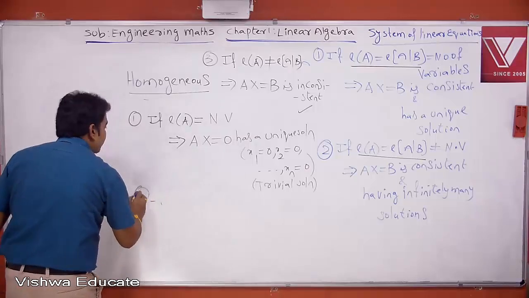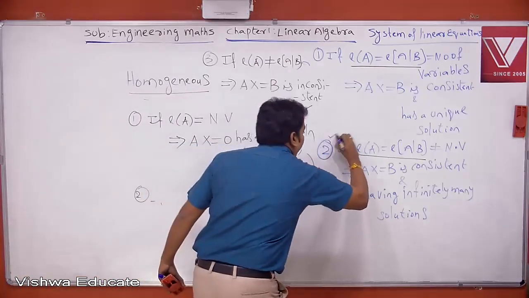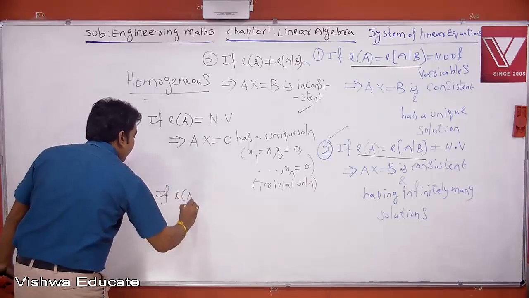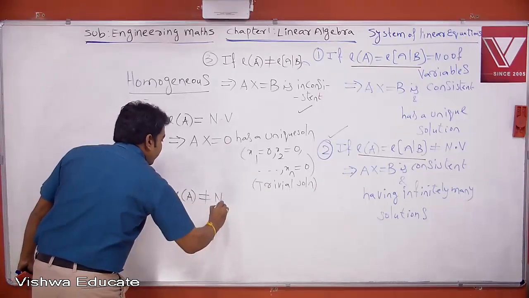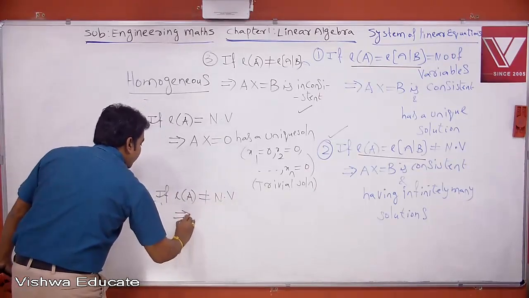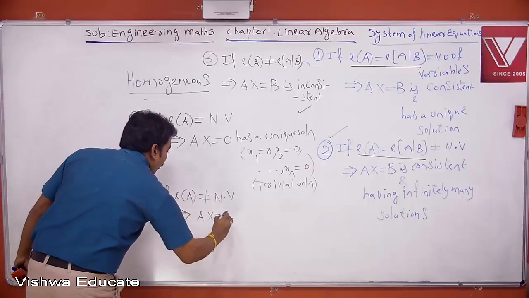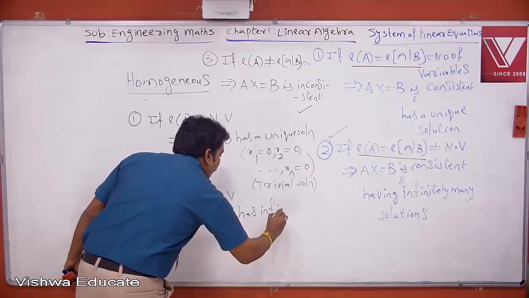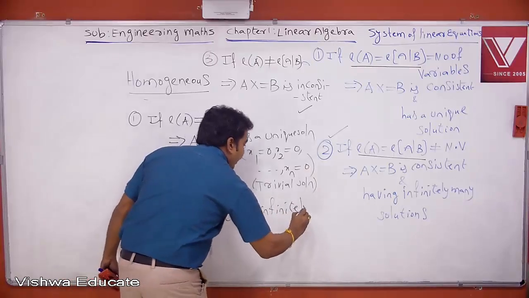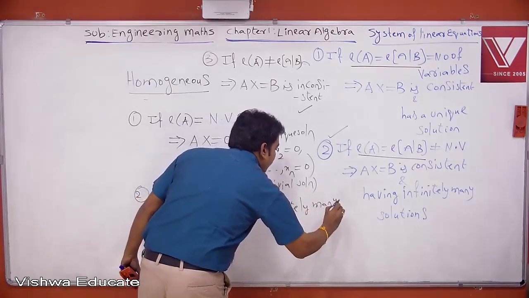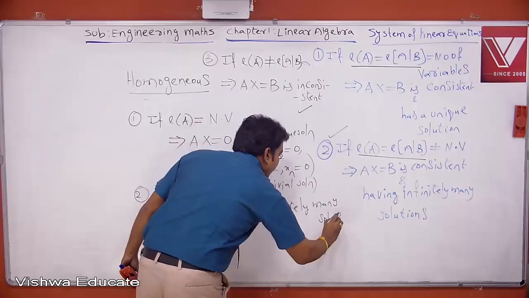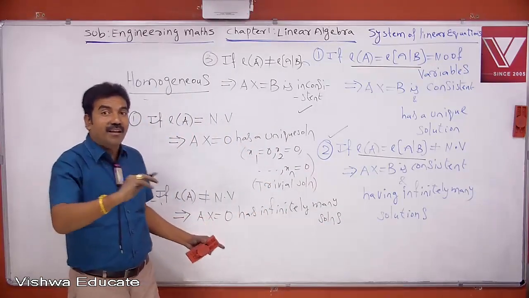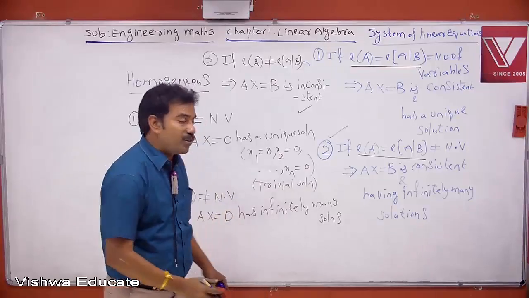Now case 2. If rank of A is not equal to the number of variables, it implies AX = O has infinitely many solutions. Now out of all these infinitely many, one solution is trivial and the rest are non-trivial solutions.